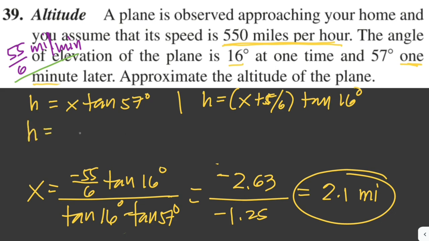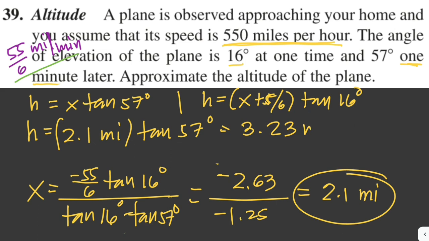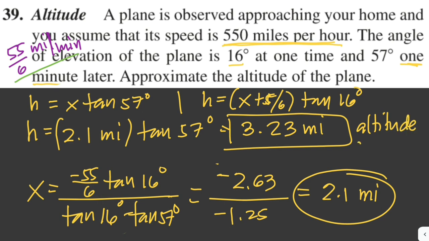So our altitude is just 2.1 miles tangent 57 degrees, and this is just equal to 3.23 miles. So this is the altitude of the plane.